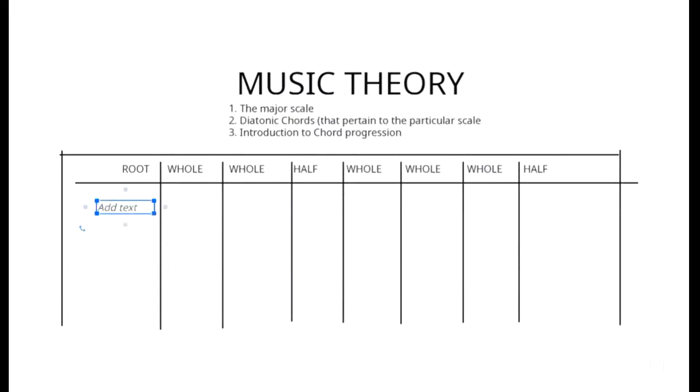So first we have the root note, starting point, C. Then we go up a whole step, that takes us to D. Another whole step takes us to E. Then a half step takes us to F, because remember, there is no black key between E and F. Then we go up a whole step from F, that takes us to G. A whole step from G takes us to A.